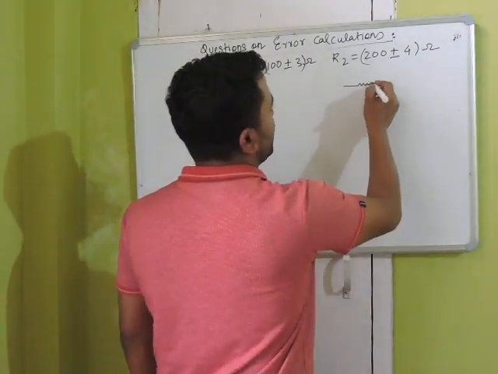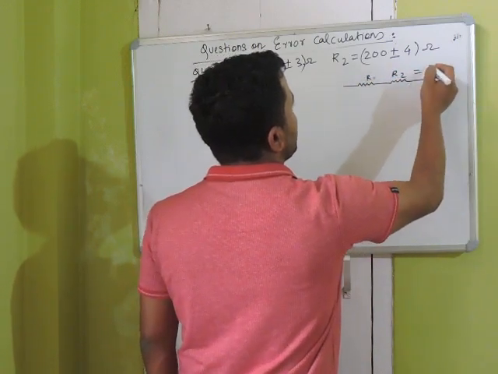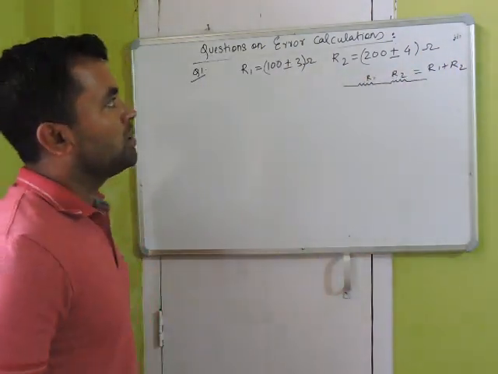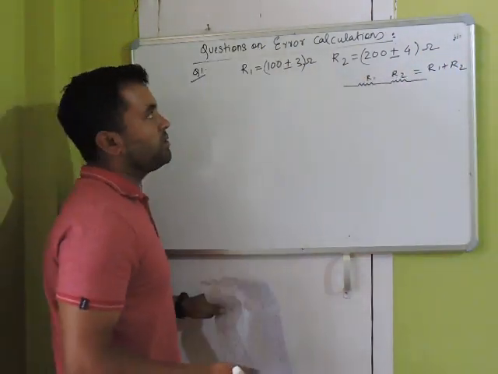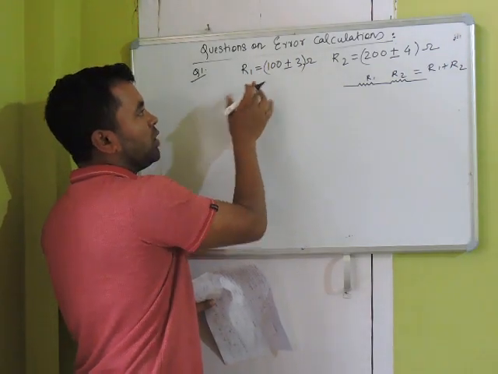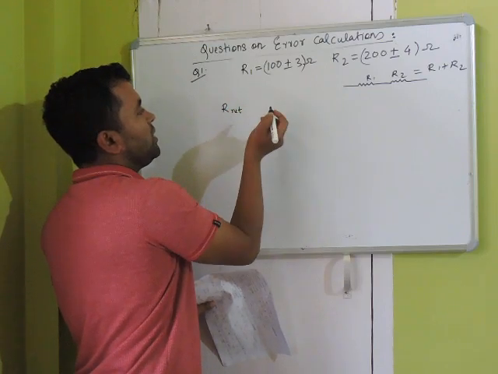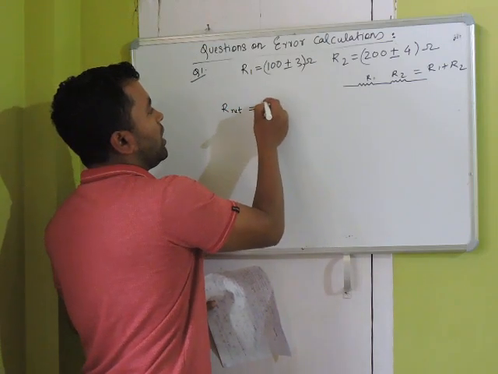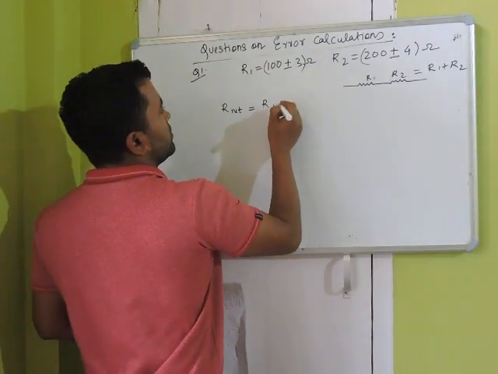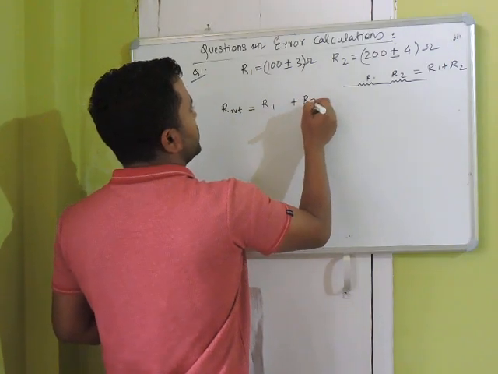If you remember, if you have two resistances in series, then equivalent resistance is R1 plus R2. So you have to use the idea of error to find them. What will be the equivalent resistance, the net resistance? It will be R1 plus R2.